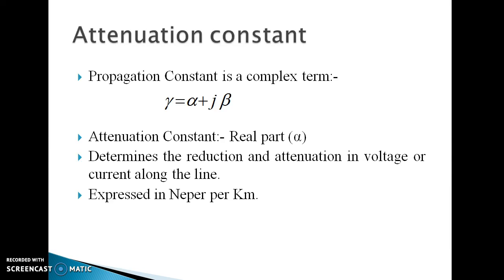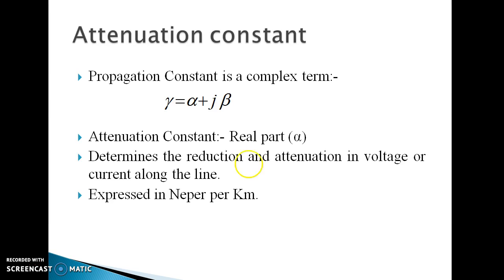Next one, attenuation constant. We know that the propagation constant gamma is equal to alpha plus j beta. From this gamma, alpha is the attenuation constant. This is the real part and it determines the reduction or attenuation in voltage or current along the line.